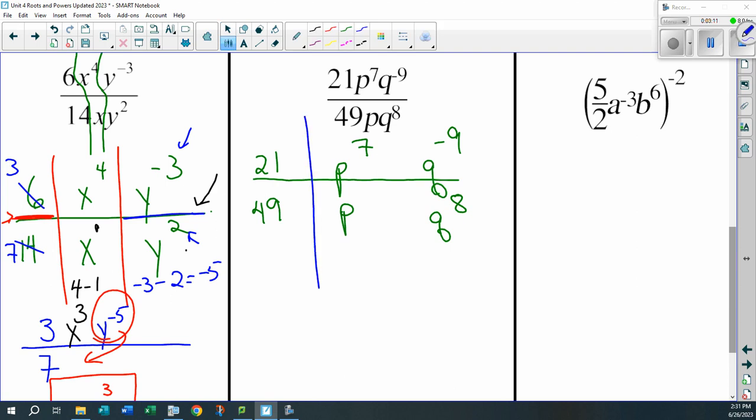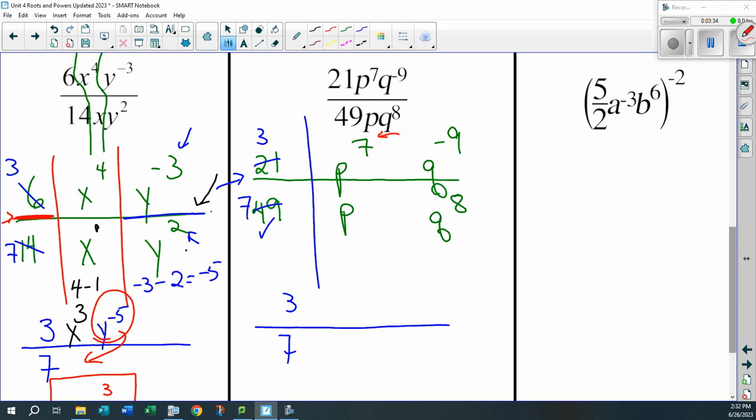Those are numbers. You don't subtract them. Remember, if they're numbers, treat them like numbers. Divide them. So what goes into 21 and 49? Of course, 7. 7 goes in 3 times. 7 goes in 7 times. So right now you got 3 over 7. This part's done.